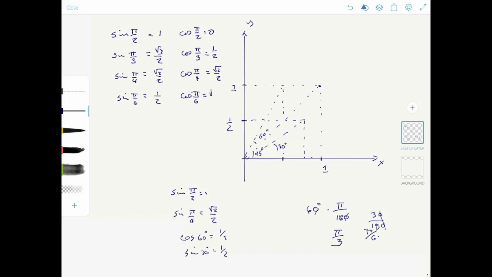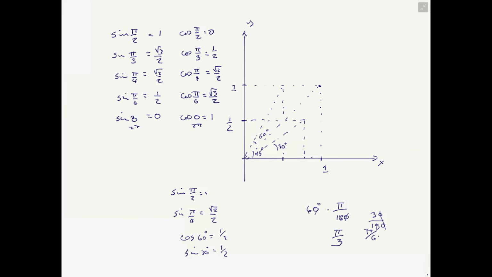Then you've got sine of 30, which is pi on 6. So sine of pi on 6 equals... wait a second, I made a mistake. All right, that's 1/2.